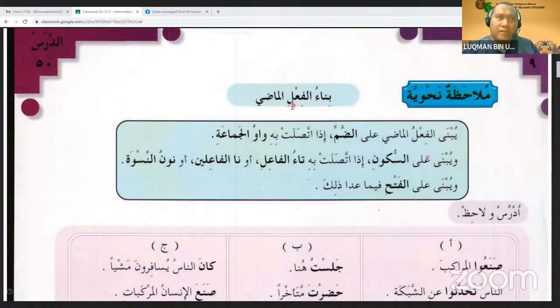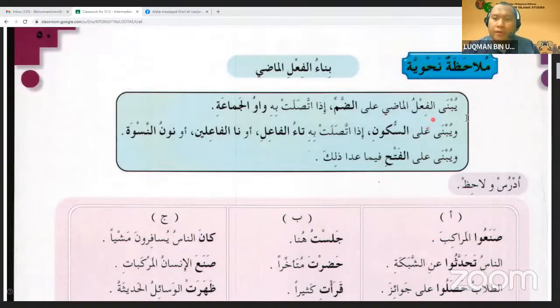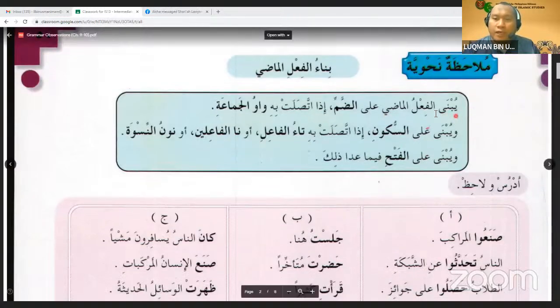So fi'l madi is the perfect tense of the verb, the past tense. The action was already perfected. Okay. Here. يبنى الفعل الماضي على الضم إذا اتصلت به واو الجماعة. يبنى الفعل الماضي, the perfect tense of the verb becomes static with dhamma.